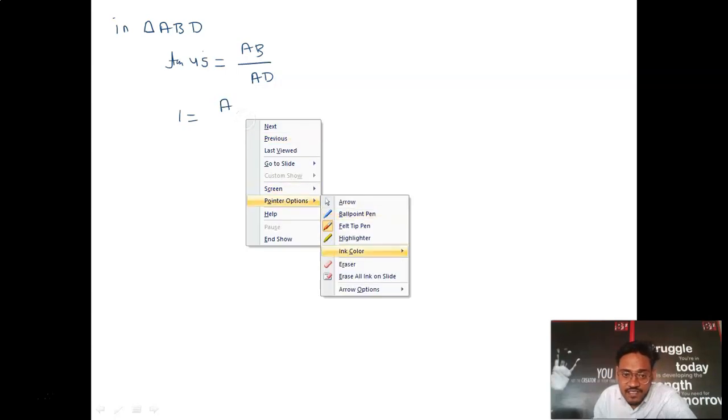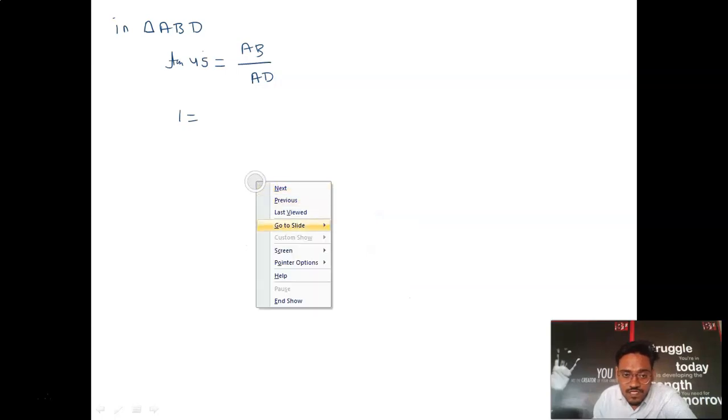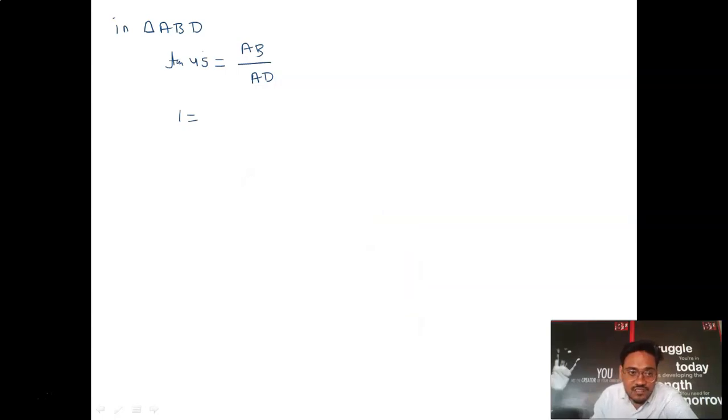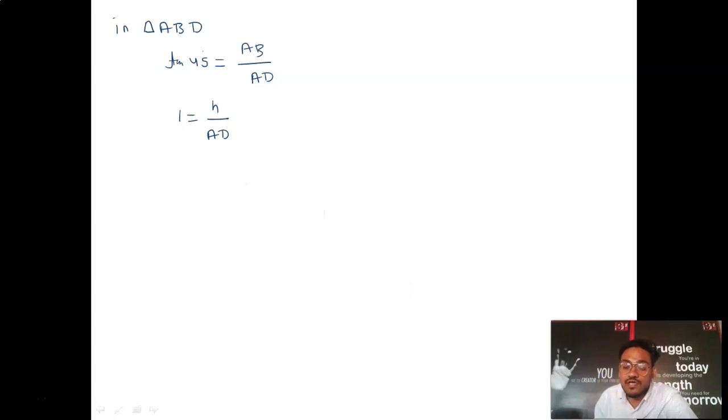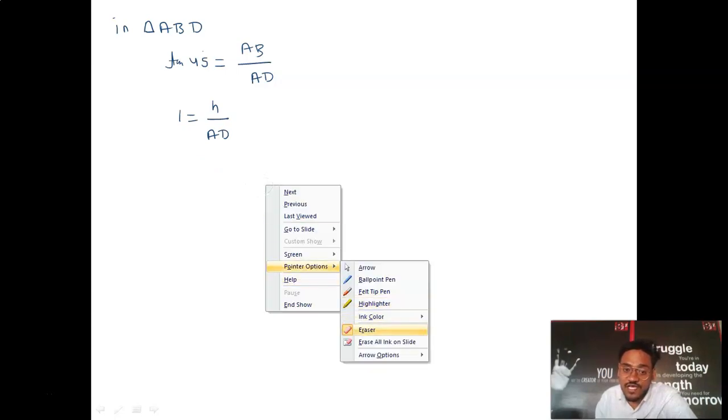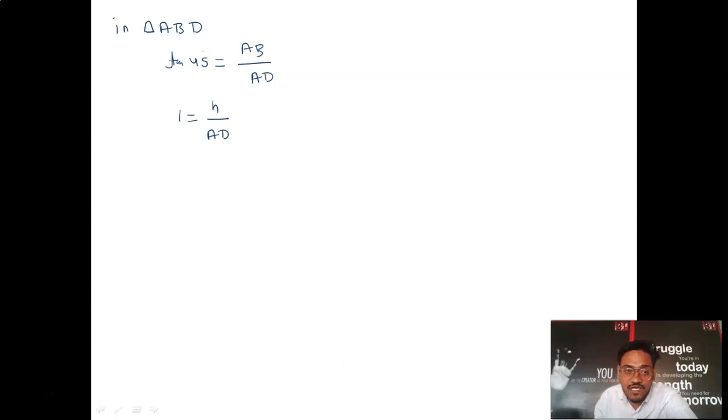So let me write H is equal to AD, and say this is my equation number 4.